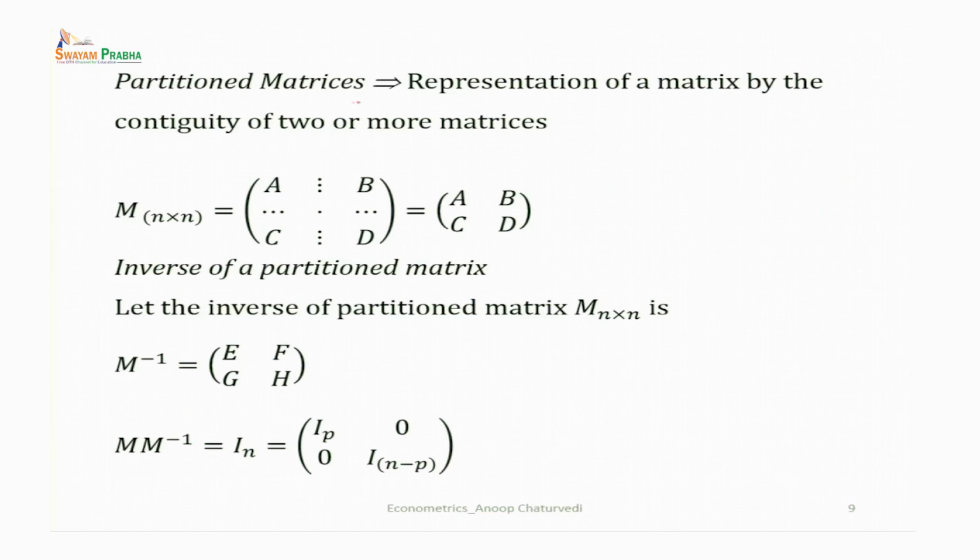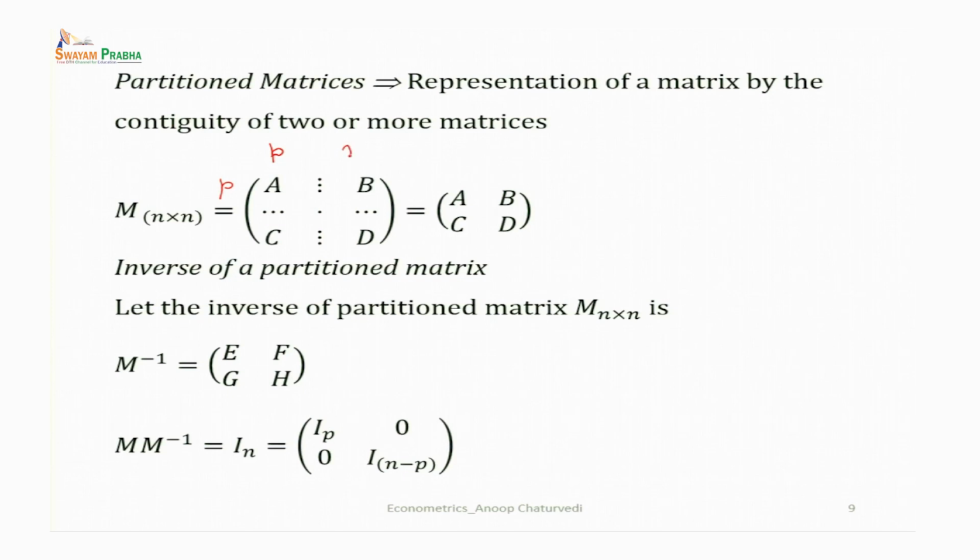Now, we define partition matrices and some results for the partition matrices. The presentation of a matrix by the congruity of two or more matrices, say suppose M is n cross n matrix, and we write M as A, B, C, D, where A has p rows, p columns.